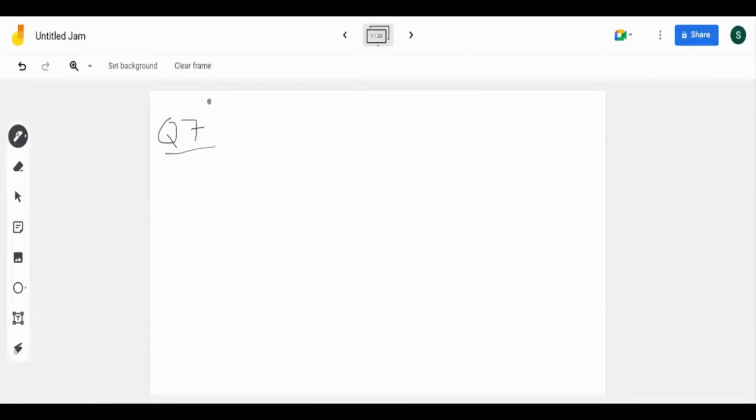Okay, so our first part is 5x plus 1 greater than minus 24. So subtract 1: 5x is greater than minus 25, or we can say x is greater than minus 5. Okay, so this was our first inequality.